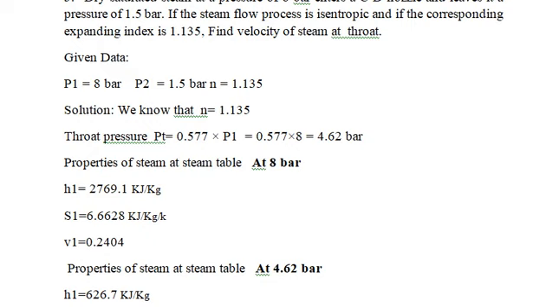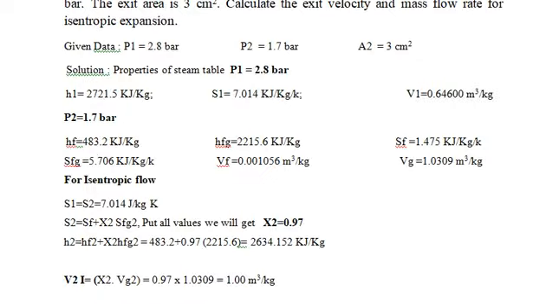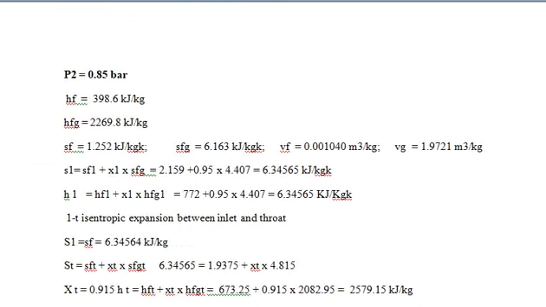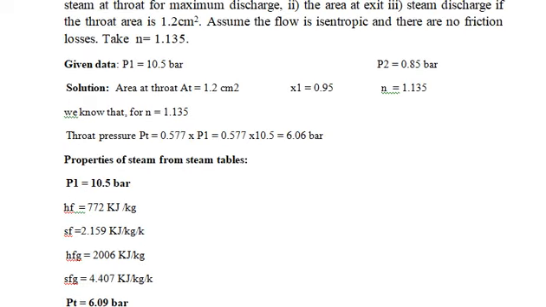You have to consider the process as isentropic and determine the different values: the velocity of steam at throat, the mass flow rate, the exit velocity, and again the velocity of steam at throat section, and the throat area. Today we discussed the numericals based on the nozzle section. This is the end of today's session.